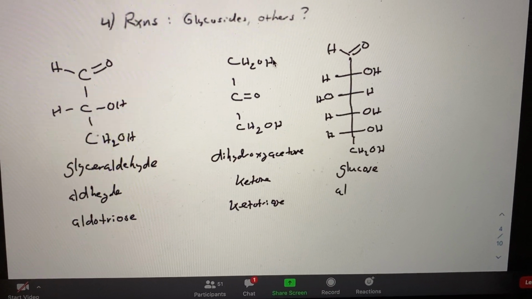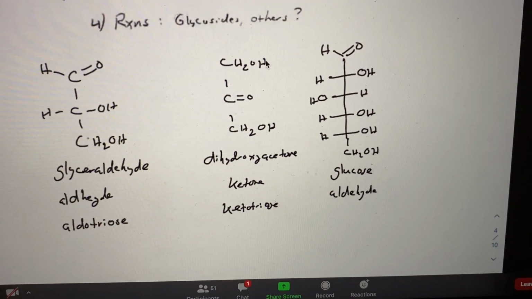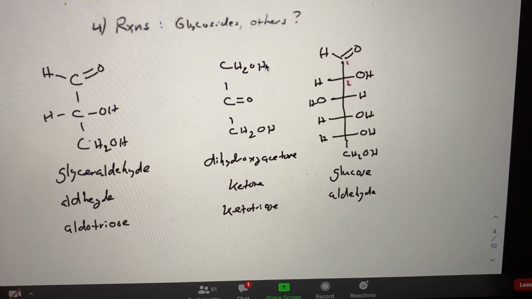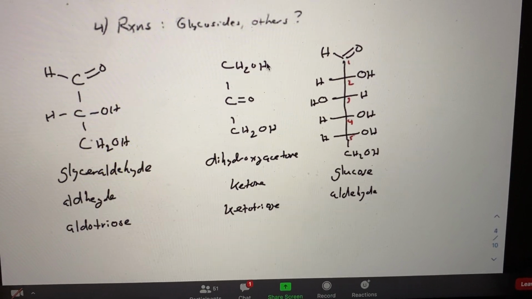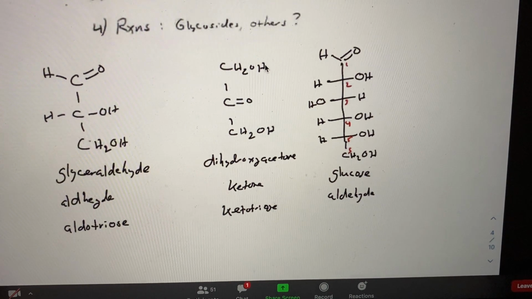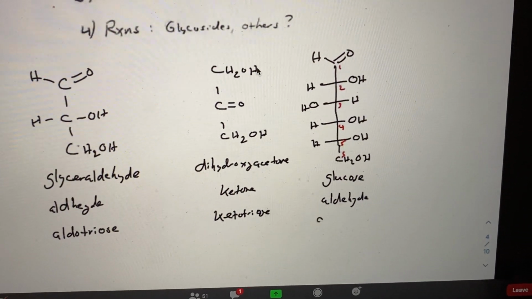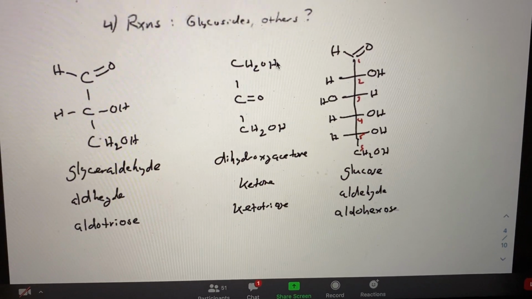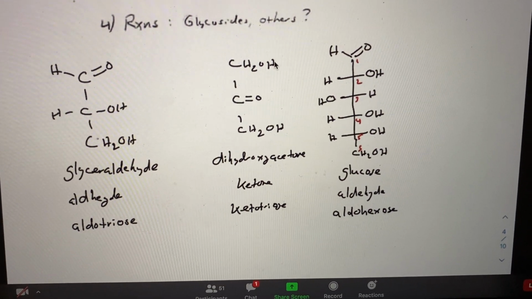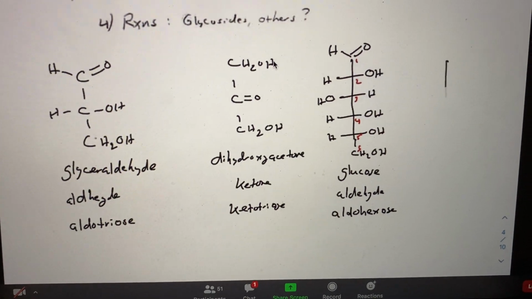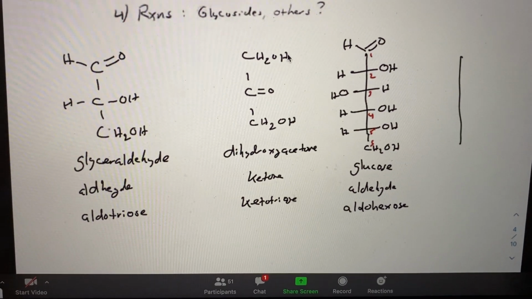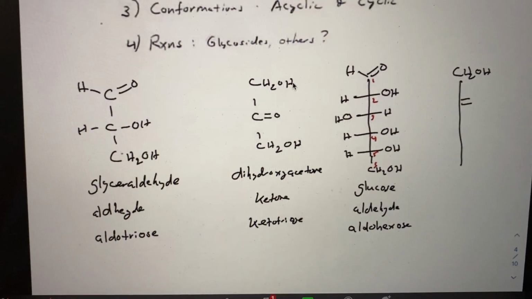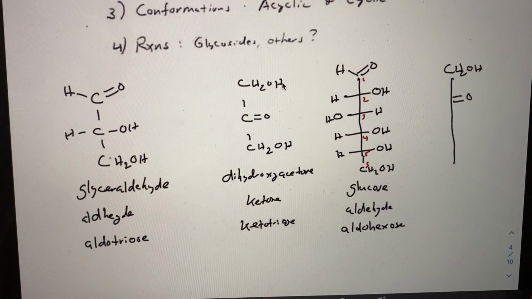This is an aldehyde again. And so in terms of the last part with the name, 1, 2, 3, 4, 5, 6 carbons. So it's an aldo, hex for 6, aldohexose. And let's just do one more. Now, rather than having an aldehyde, let's put a carbonyl group there.